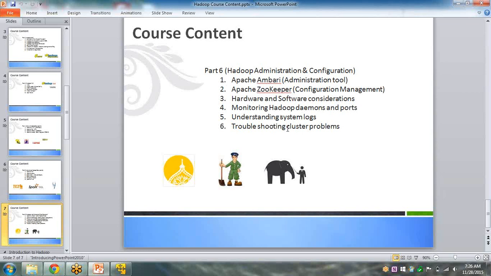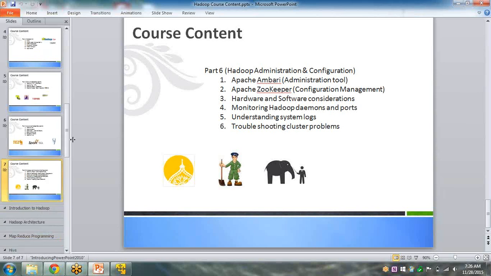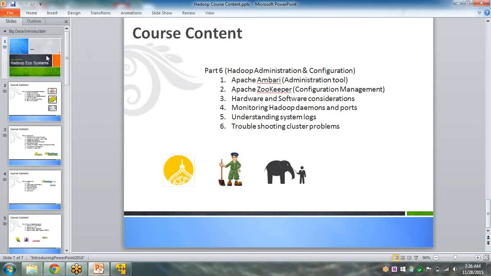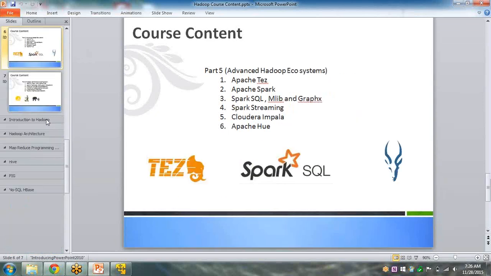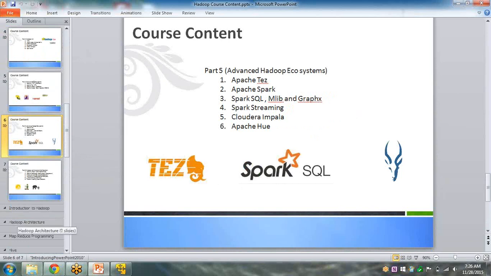So we'll discuss Zookeeper as well, and also some of the monitoring and troubleshooting aspects. This is more of a feel about the administration and configuration to some extent. So that is the length and breadth of the course. We have 6 parts, and we will be covering the latest frameworks.